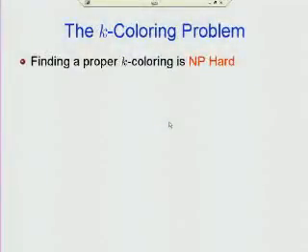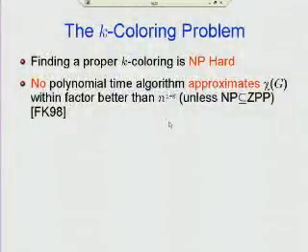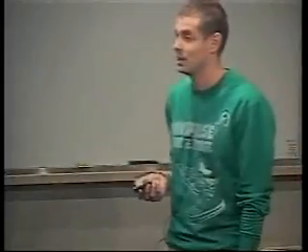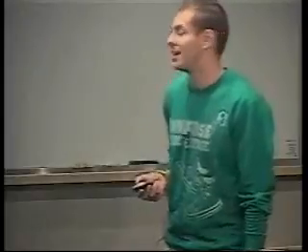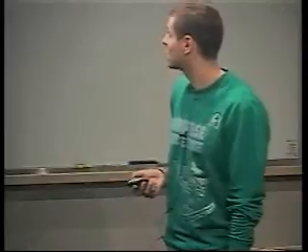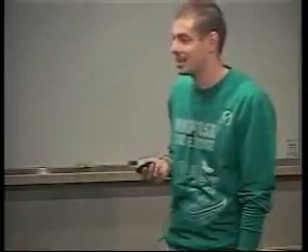Finding a proper k-coloring with a minimal k is NP-hard, and what's worse is that there's no reasonable approximation for this problem, by Uriel Feige and Joe Kilian, unless NP equals ZPP, which is a complexity class, and nobody believes that.